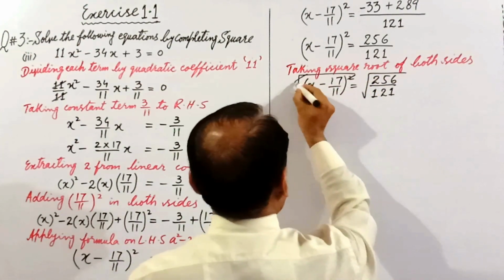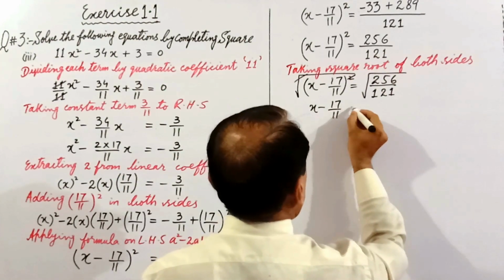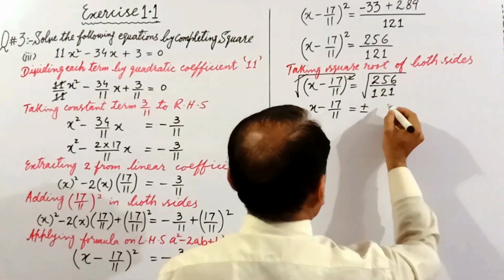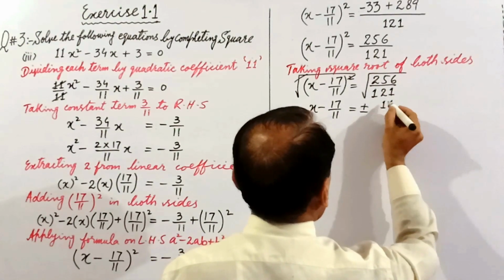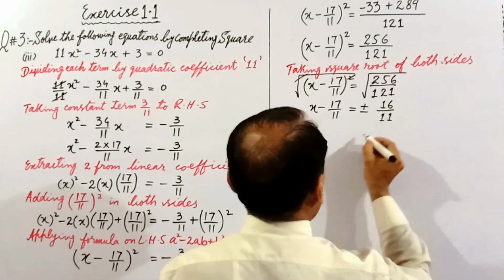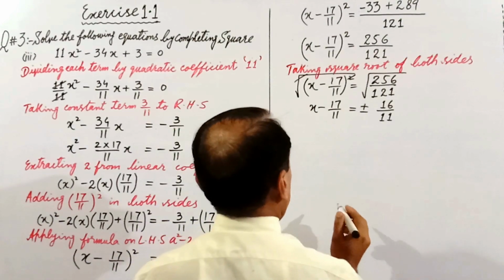Square is cancelled by square root. We have x minus 17 over 11 in the left hand side, and in the right hand side plus minus 256 square root is equal to 16, and 121 square root is equal to 11. So we have plus minus 16 over 11 in the right hand side.